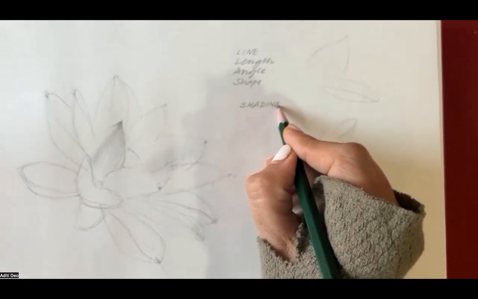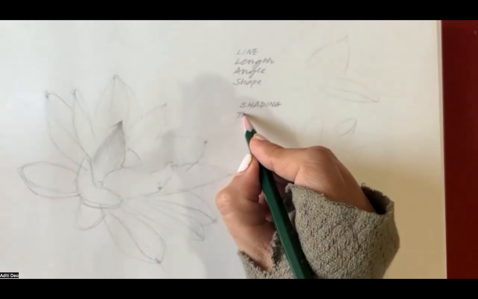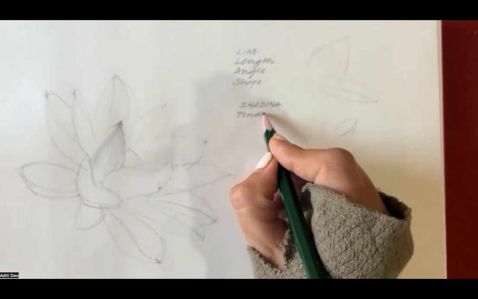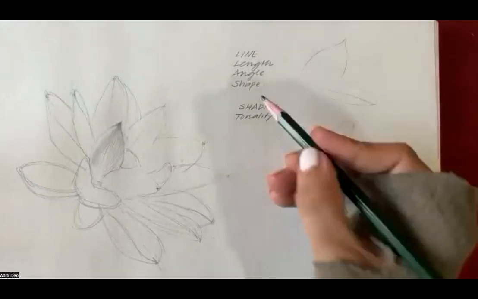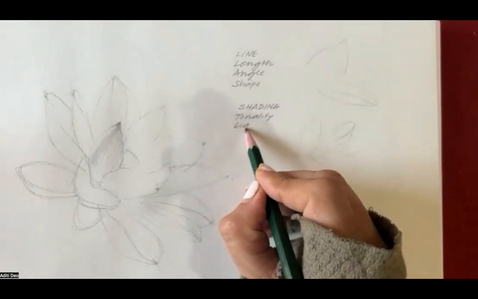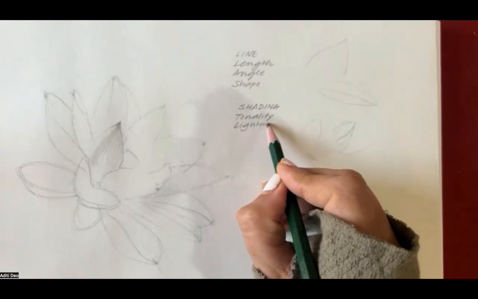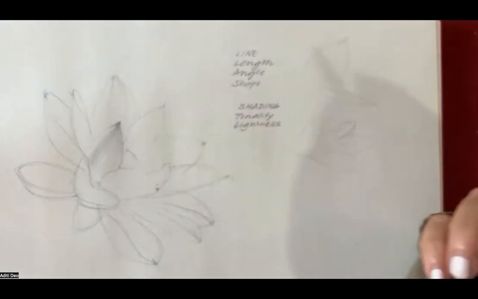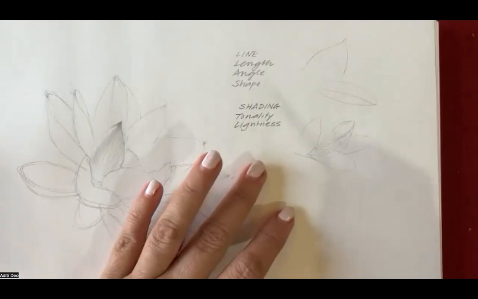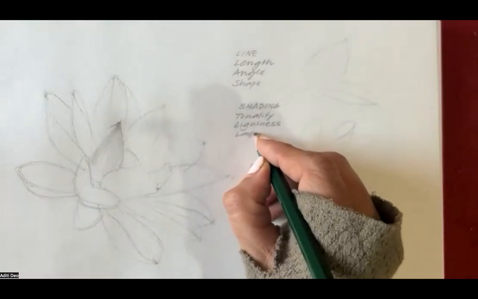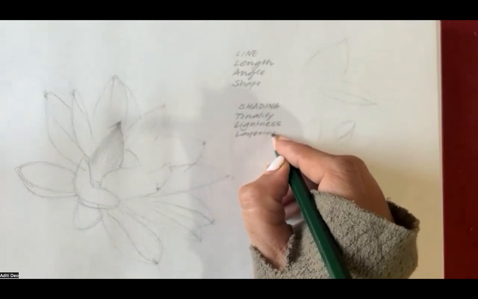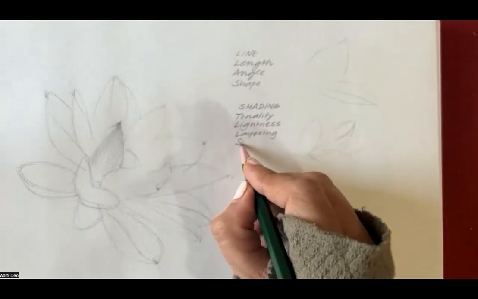In shading, we want tonality, so the number of different shades you can manage, lightness of hand, layering, smoothing.